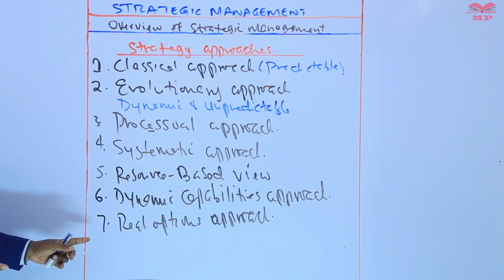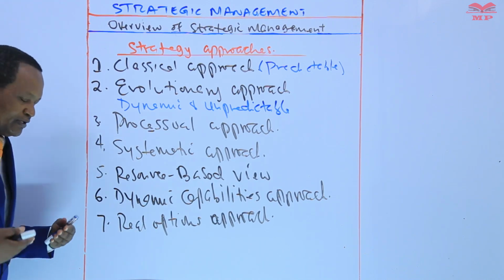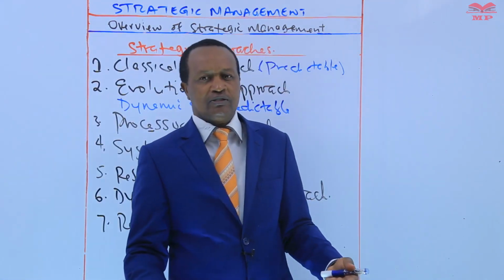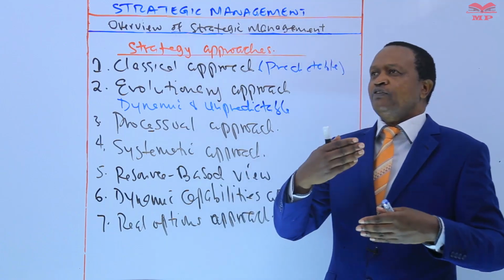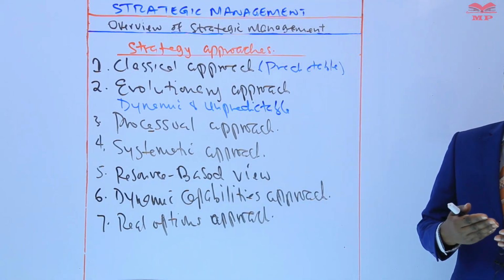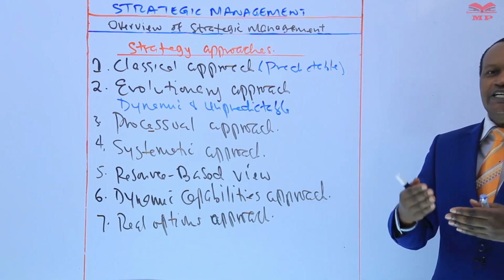This approach, the real options approach, provides a framework for evaluating and also managing. All right? It provides a framework for evaluating and a framework for managing strategic flexibility in the face of uncertainty.